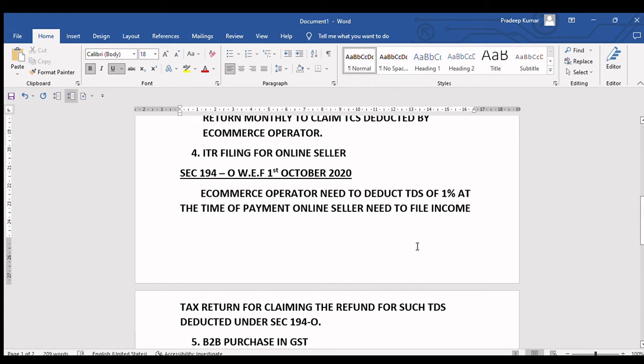Like, if you are selling something at rupees 449 and your tax is included in that, your TDS will be 4.49 rupees. You are paying 49 rupees as tax, so your taxable amount is, just as an assumption, 400 rupees. So you will have to pay 1% on 400 as TCS.